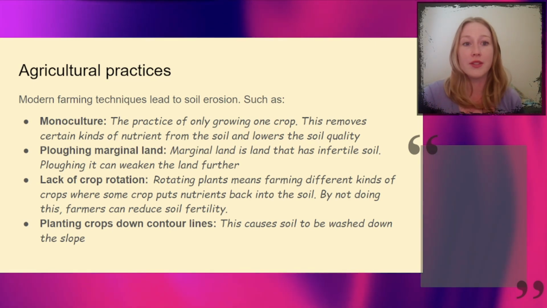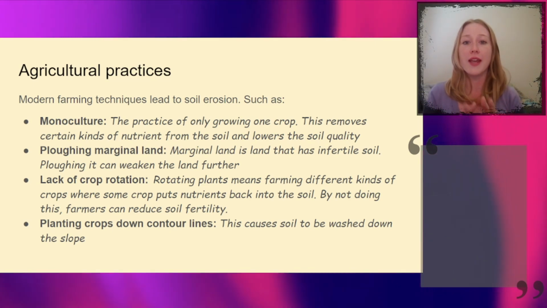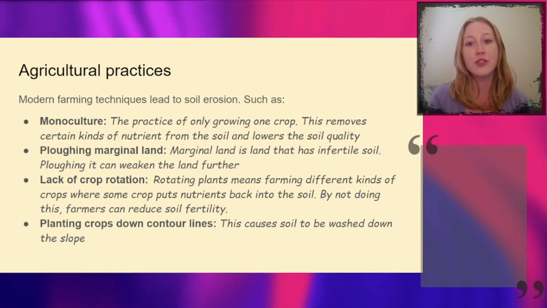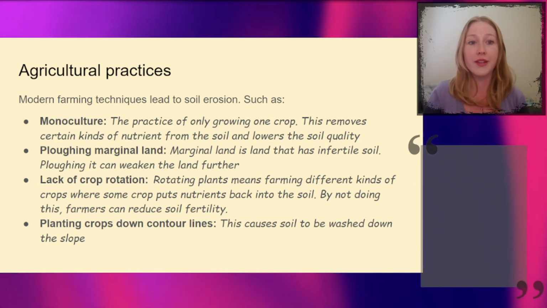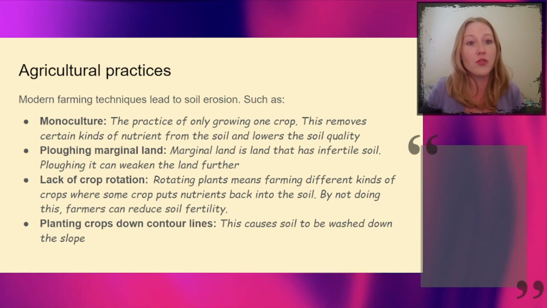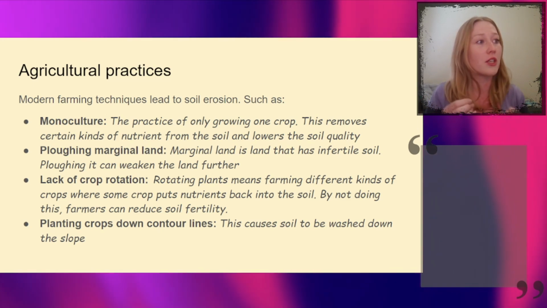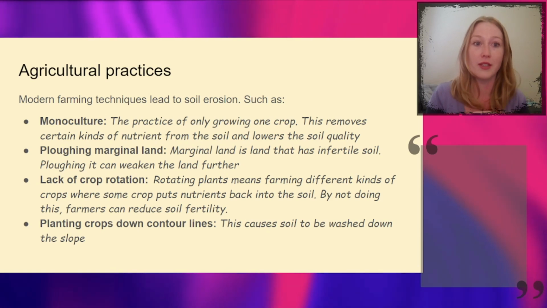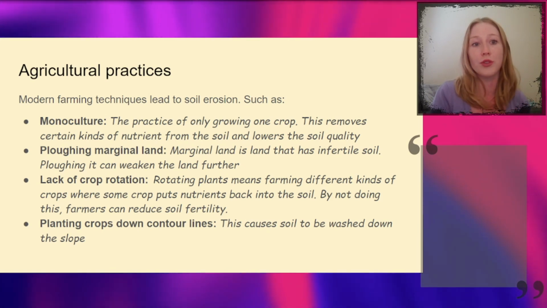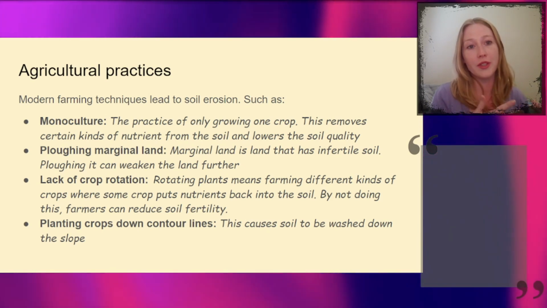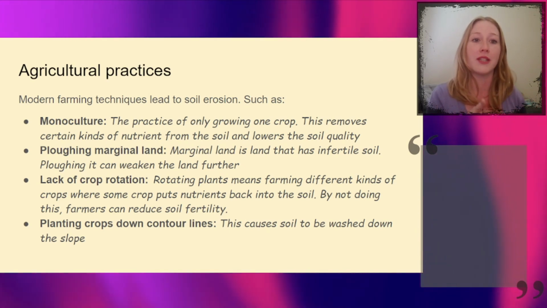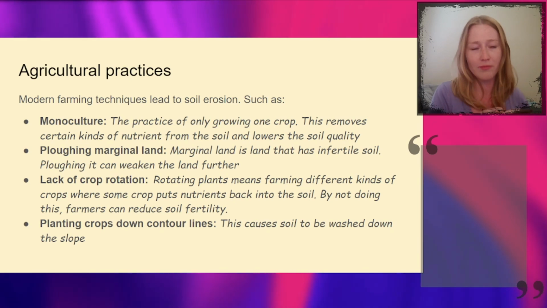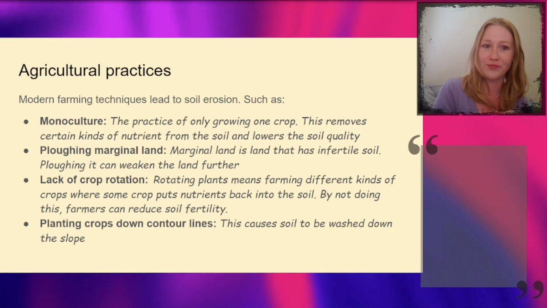And the reason why this isn't so good is because every type of crop has certain needs for a soil, and it will extract those minerals and those chemicals that it needs for its growth. And it leaves the soil with an imbalance. And it doesn't become as useful as it once was before.